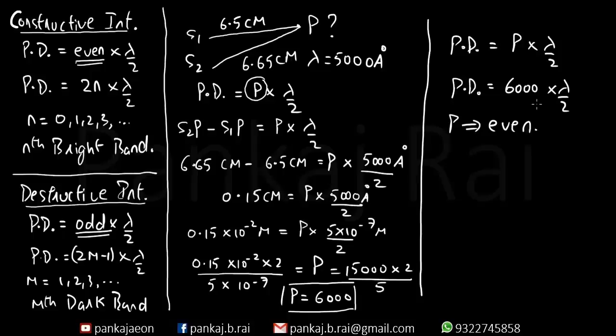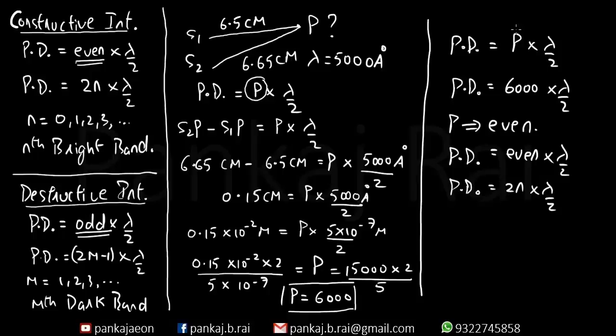So this matches the equation of constructive interference, which states that there will be constructive interference if the path difference is an even multiple of lambda by 2, where the path difference would be 2n lambda by 2. So we know that it is a bright band. Now let us find out which bright band it is.